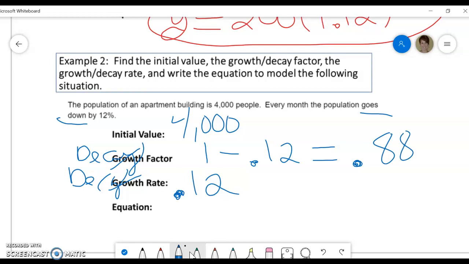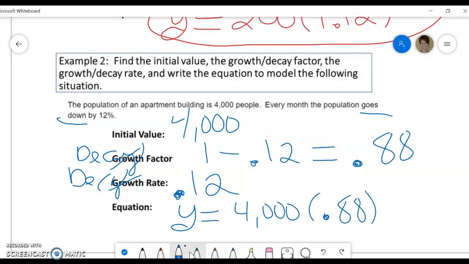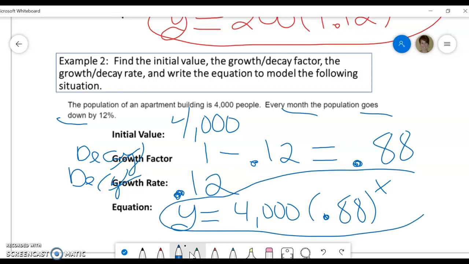So therefore, our equation would be y equals the initial amount of people times 0.88 to the x power. And x in this problem stands for every month, because every month it's going down by 0.12 or 12%.